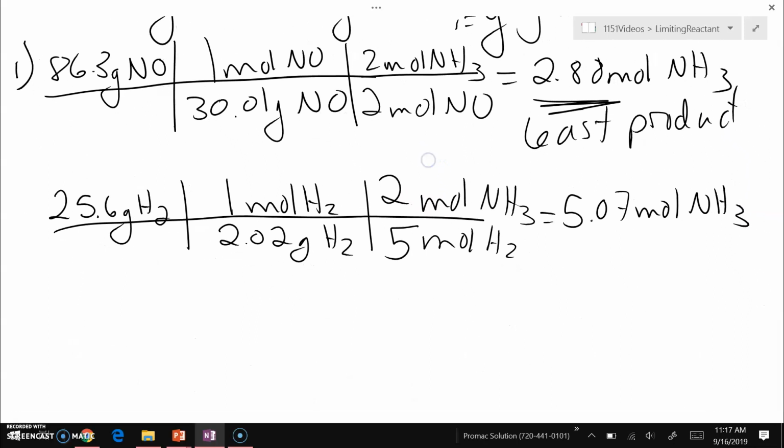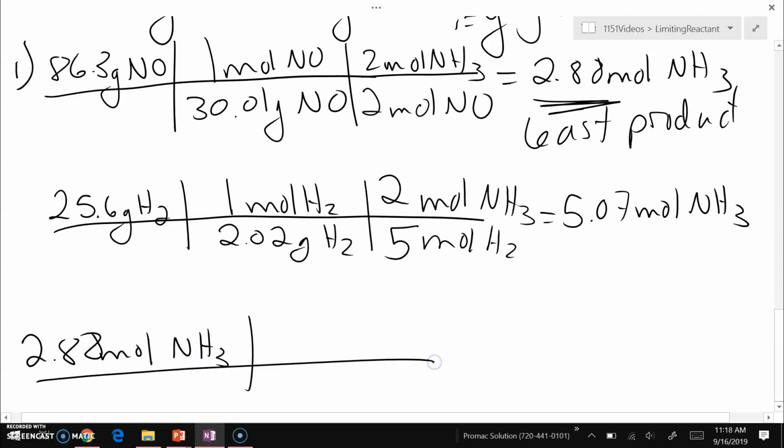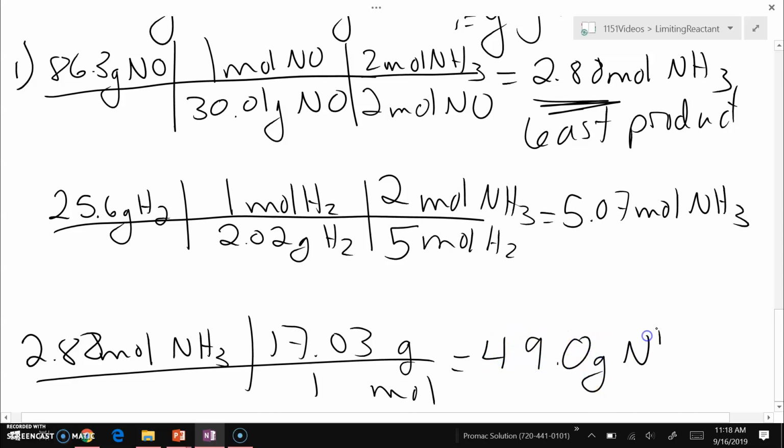It's from the NO. So then to get my yield, I take that 2.88 moles of NH3 and I simply do one more step using the molar mass to convert to the grams produced, 17.03 grams to 1 mole, and that should give me, stick with my 3 sig figs, 49.0 grams of NH3.